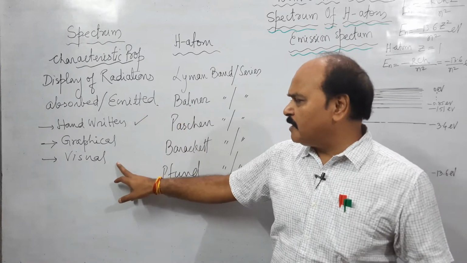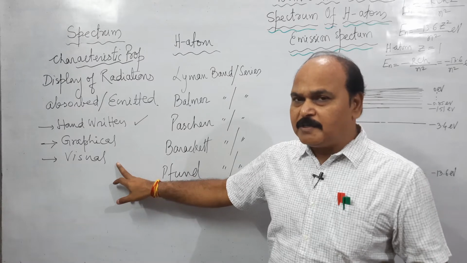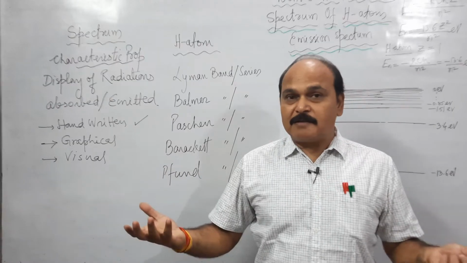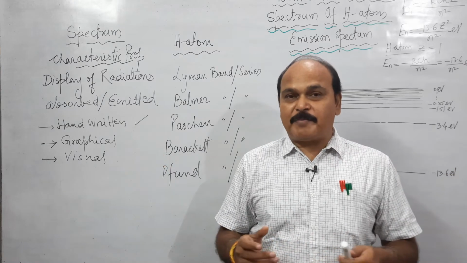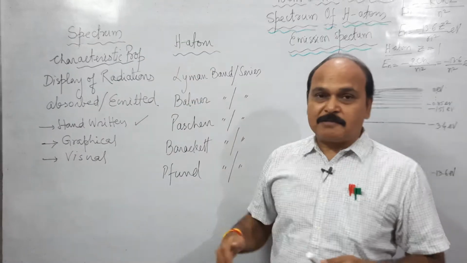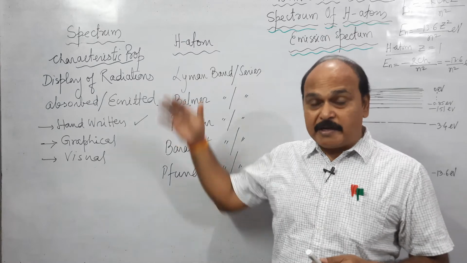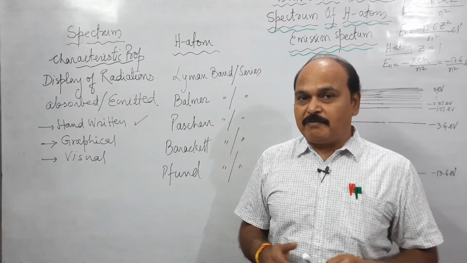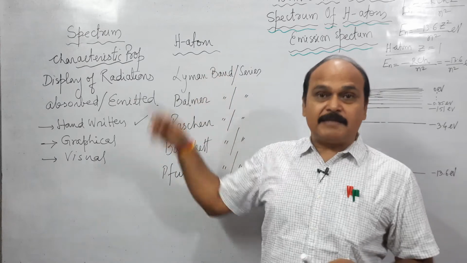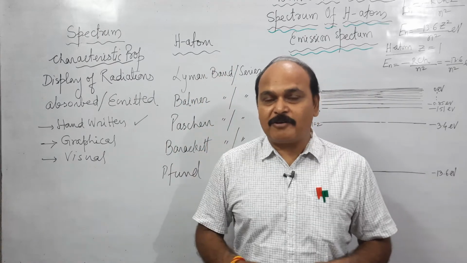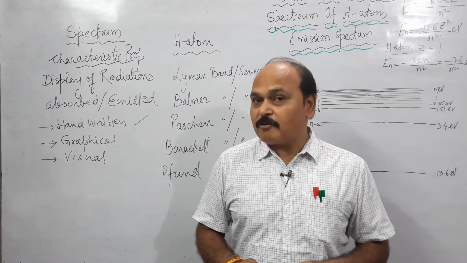And a visual display of spectrum could only be there when we use visible light. When visible light passes through a prism, what happens? We get a pattern of 7 colors, in a definite order of frequency or wavelength: V, I, B, G, Y, O, R. All 7 colors are arranged in ascending or descending order of their wavelength or frequency.